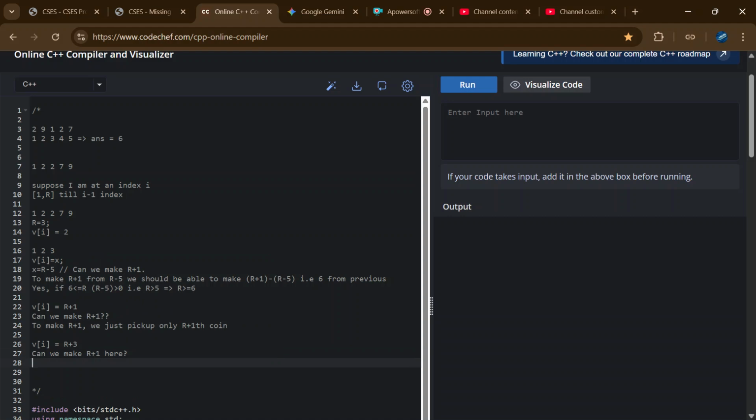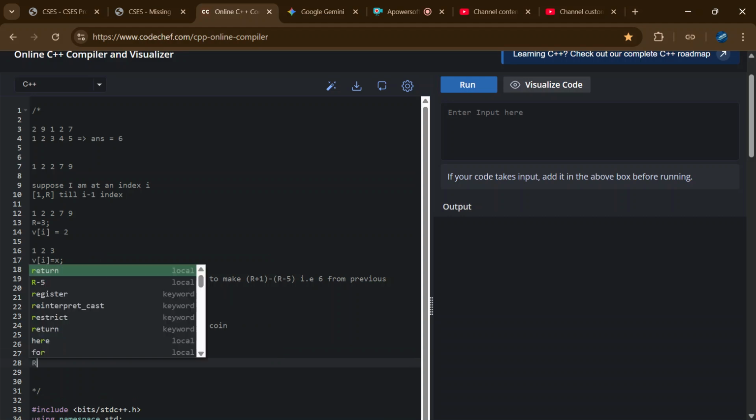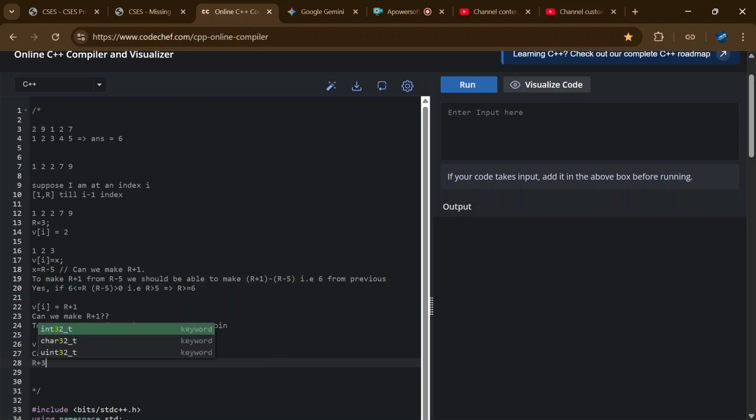But now we have an r plus 3 element, and we can make r plus 3, we can make r plus 3 plus 1, we can make r plus 3 plus 2.